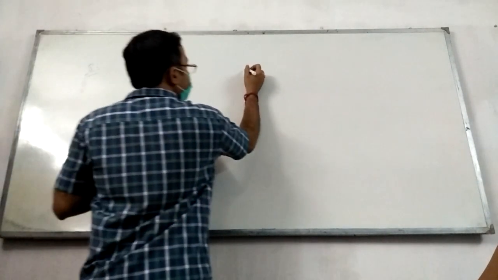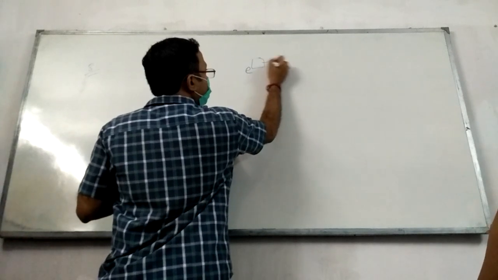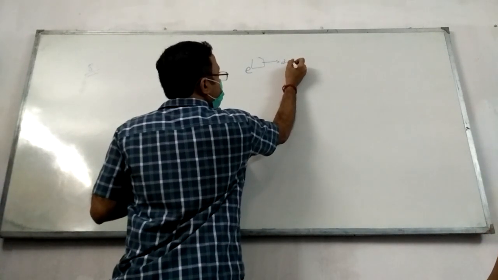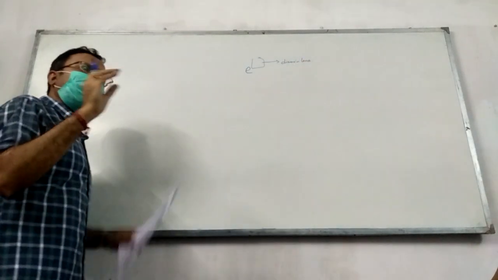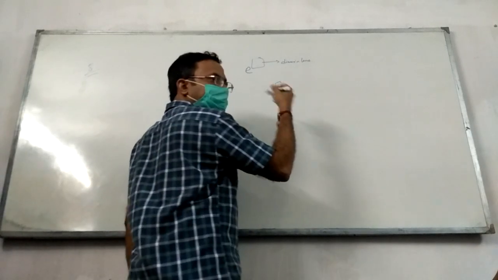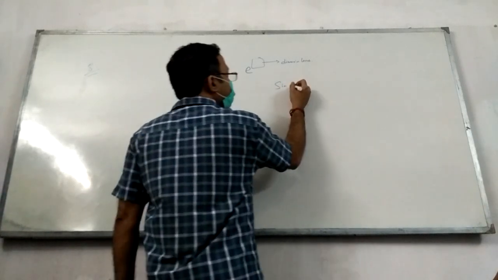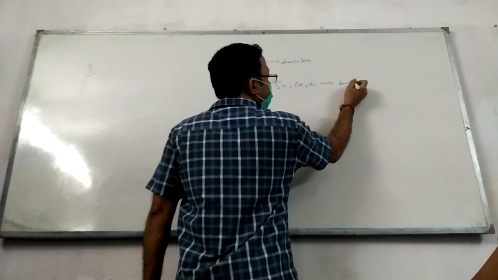Whenever you have any expression in the power of e, that is dimensionless. There are a few such things, like I said: sin, cos, tan, any trigonometric function, they are dimensionless.